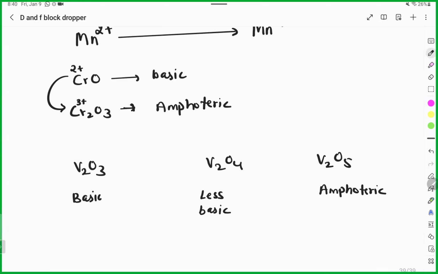So what is happening ultimately when you are increasing the oxidation state of the atom from +3 to +4 to +5, you can see your acidic character is increasing. Correct? Your acidic character is increasing. Basic character is decreasing.